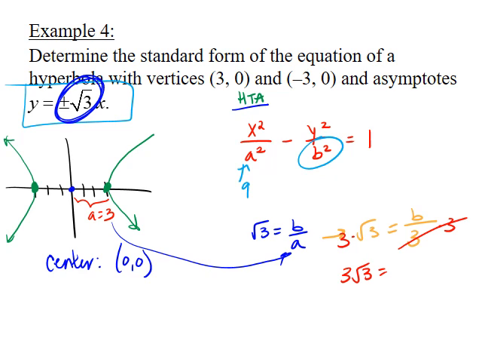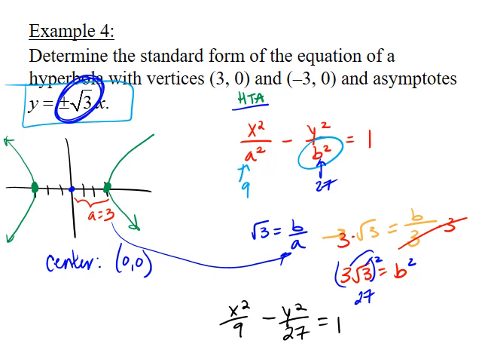So 3 root 3 is b, which means if I square this, I have 3 squared, which is 9, times 3, which is 27. So this is 27. So my final equation is x squared divided by 9 minus y squared divided by 27 is equal to 1. Done.